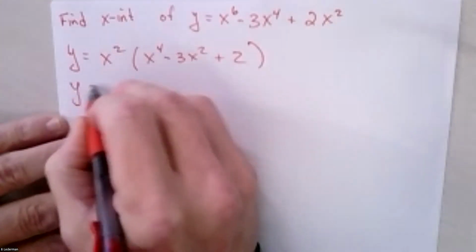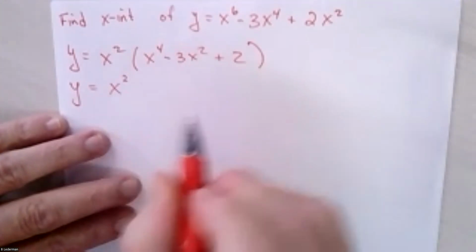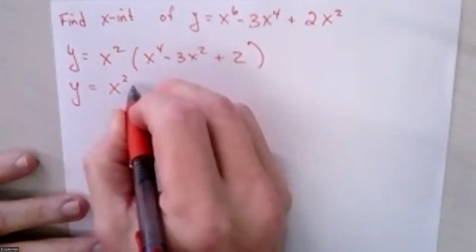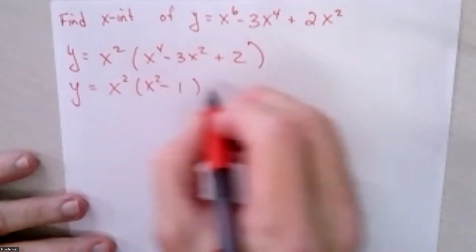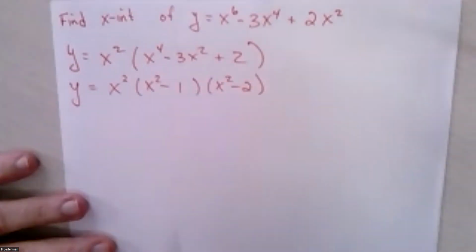And this guy here, I can consider x squared to be a variable in its own right, and I could factor this into x squared minus 1 times x squared minus 2.